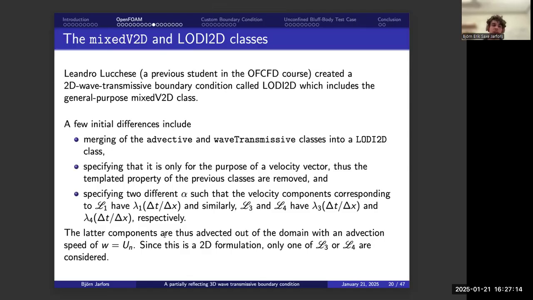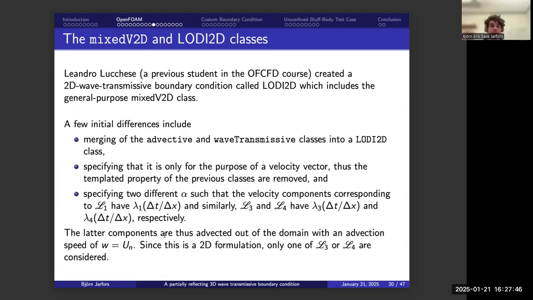So I mentioned previously that there was a previous student that tackled this problem before. His name is Leandro Lucchese, and he created a 2D wave transmissive boundary condition called LODI 2D. And as with the other conditions, it also needed this general purpose class, so he also created the mixedV2D class.